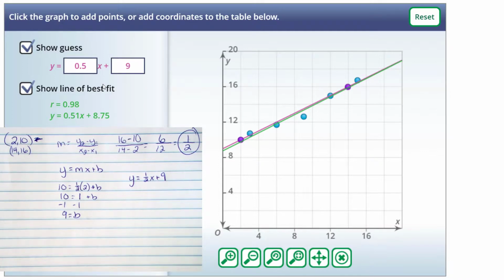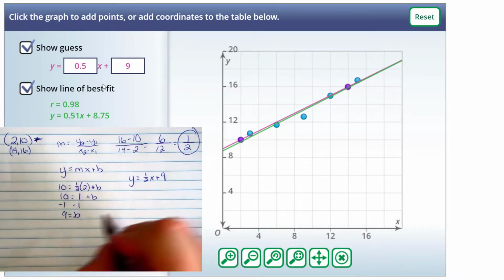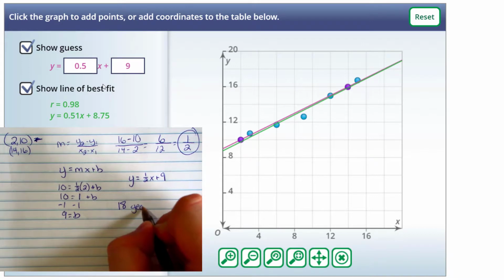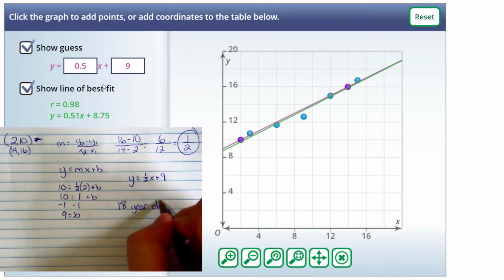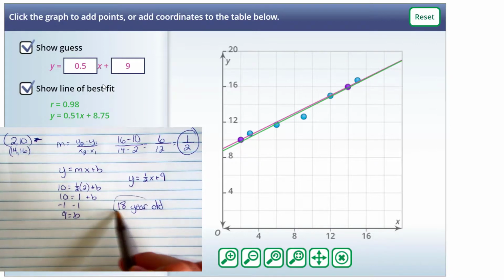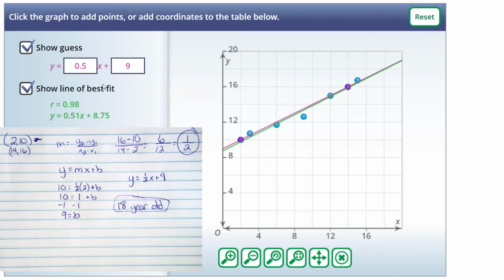Let's suppose that we wanted to know the cost of raising an 18-year-old child. Based on the data, our age has been our x value on our graph.